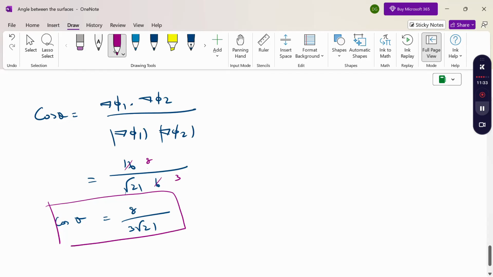This is the angle between the surfaces. Thank you.